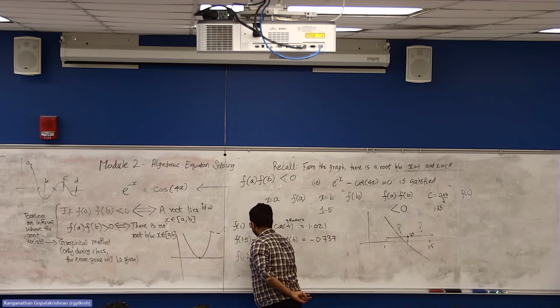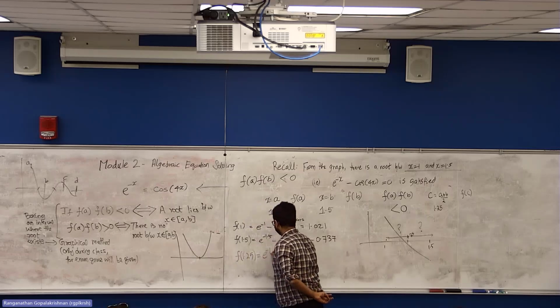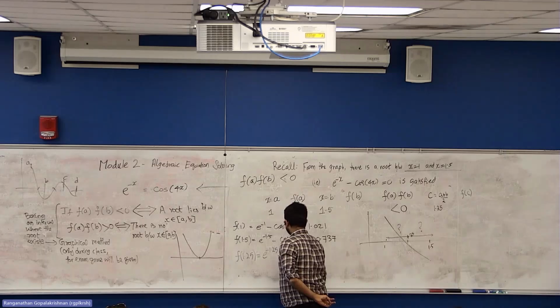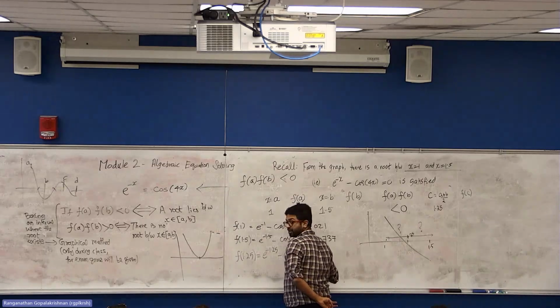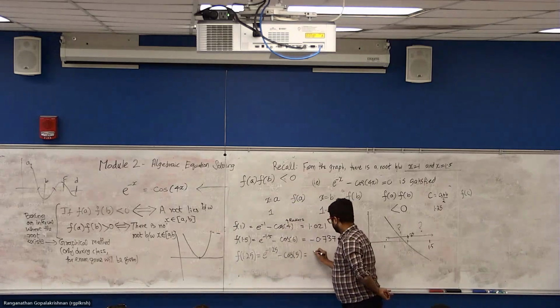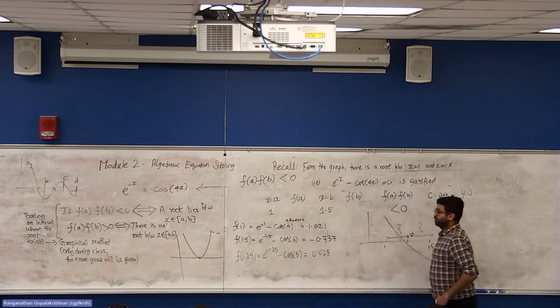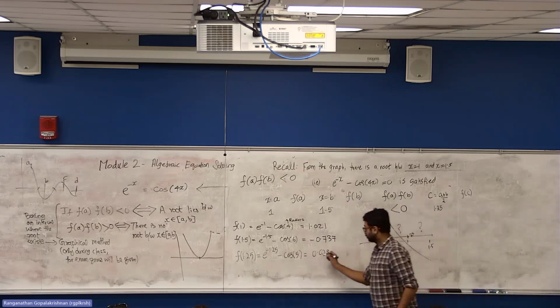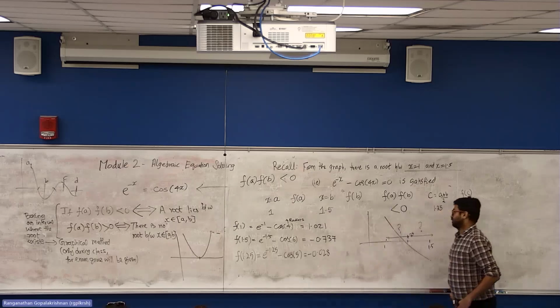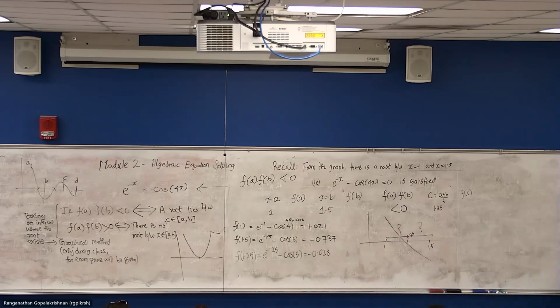What is f of 1.25? Can you compute and tell me, please? Negative 0.028. Okay. With me so far?